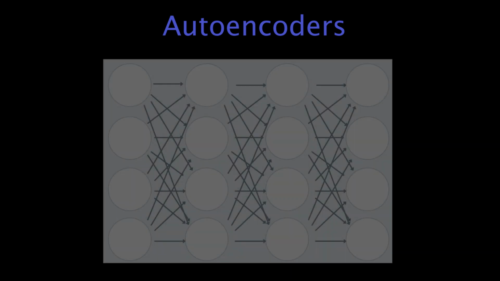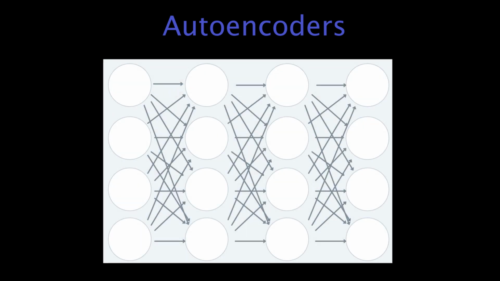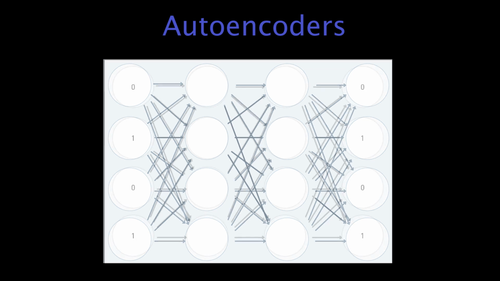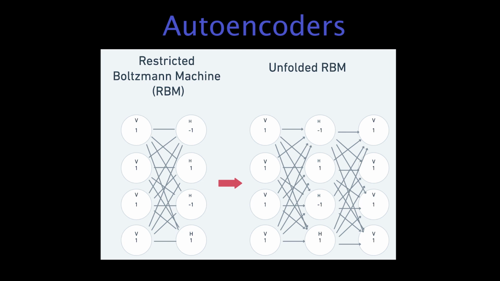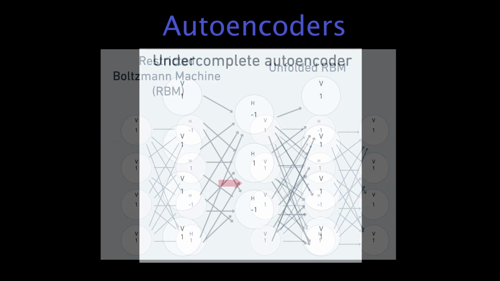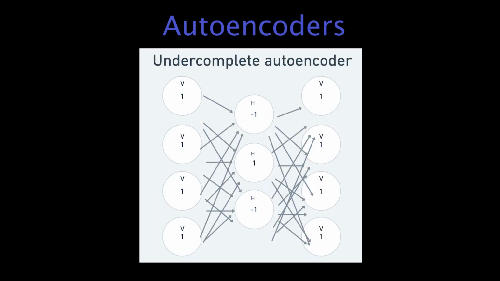First, let's overview the basics of a standard autoencoder. An autoencoder is a model composed of a graph of directed neurons which attempts to reconstruct the input it is given. We can make comparisons between an unfolded RBM and an autoencoder, minus the symmetry of the weights. An undercomplete autoencoder, what usually comes to mind when autoencoders are mentioned, is an autoencoder which has fewer neurons at some layer in the network than in other layers.